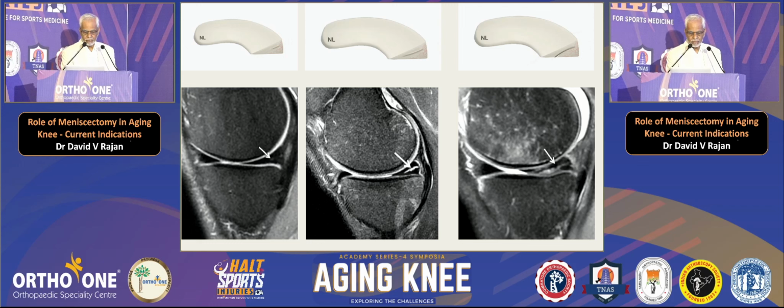These are the kind of MRI pictures which may be symptomatic. You can see the complex tear and good articular cartilage, some contusion there, and there may be a flap tear which may be symptomatic.